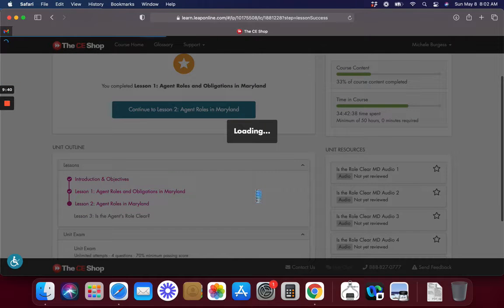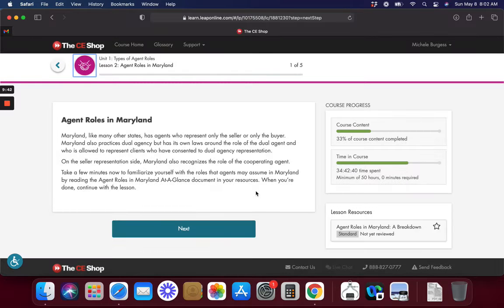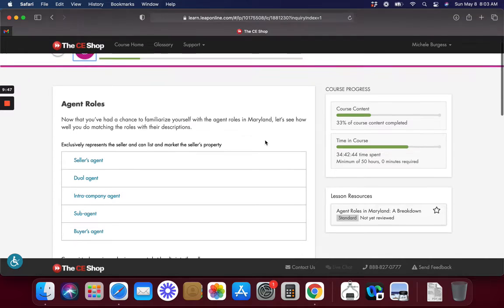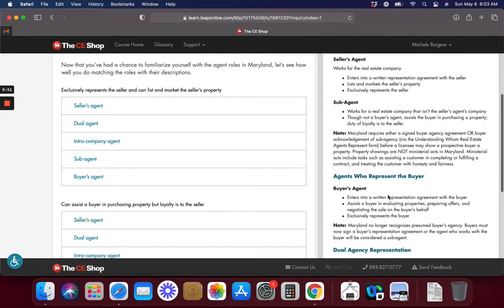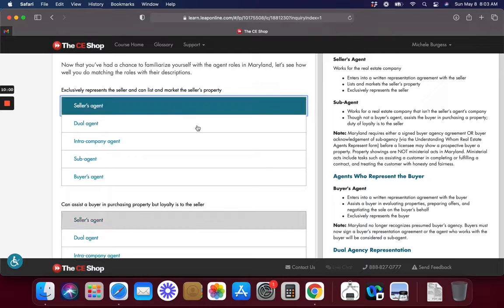Agent roles, and this is not specific to Maryland unless I tell you. All right. Exclusively represent the seller. Okay. And can list and market the seller's property.